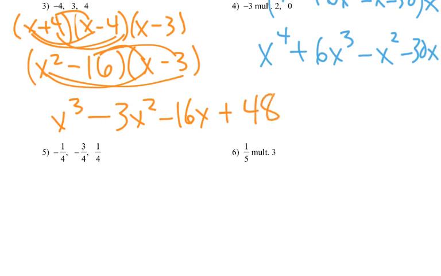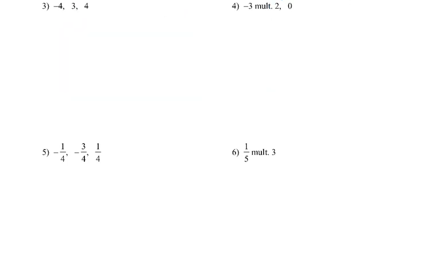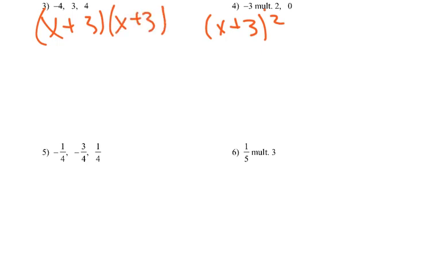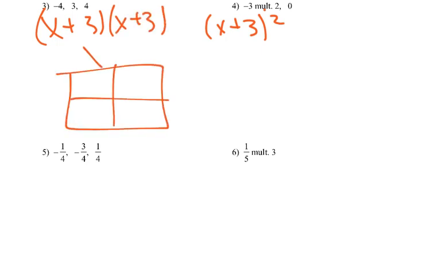So sometimes they can be fairly quick, other times not so much. Now with that multiplicity, all that means is I've got x plus 3 squared, which just means x plus 3 times x plus 3. So I go x and 3, so x squared, 3x, and 9.